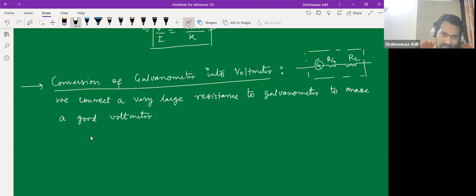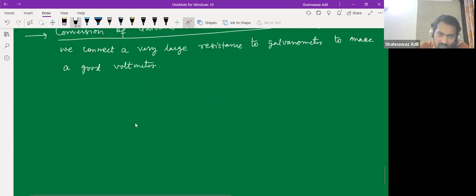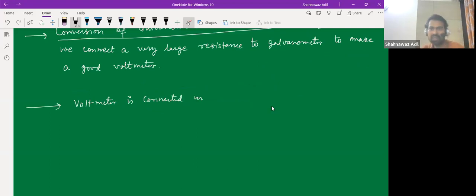And again, is the voltmeter connected in series or parallel to the device?